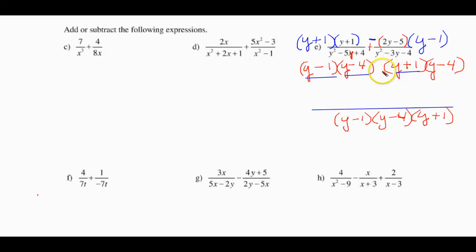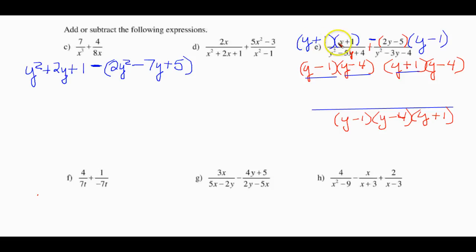So, what do we do now? Well, now we're going to FOIL these and FOIL these, keeping in mind there's a negative sign out in front of this. So we'll do this over here, and we'll let you FOIL it too. Okay, checking the FOIL.